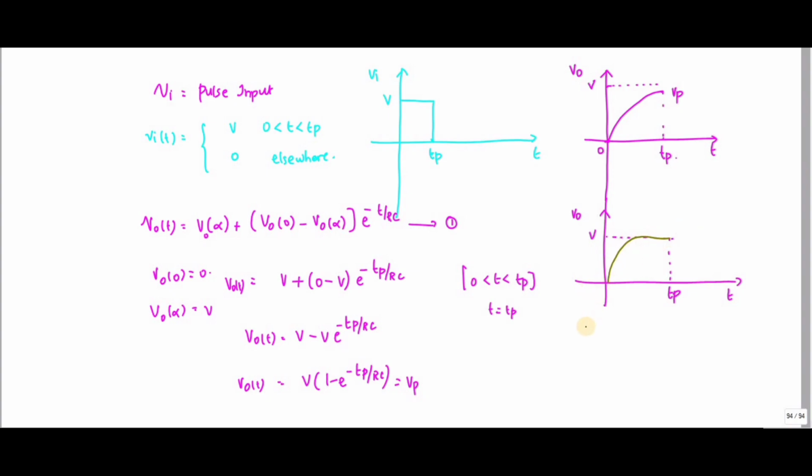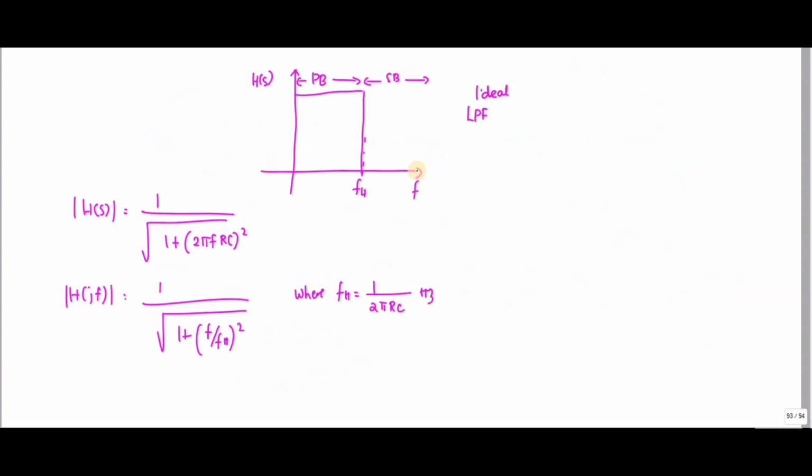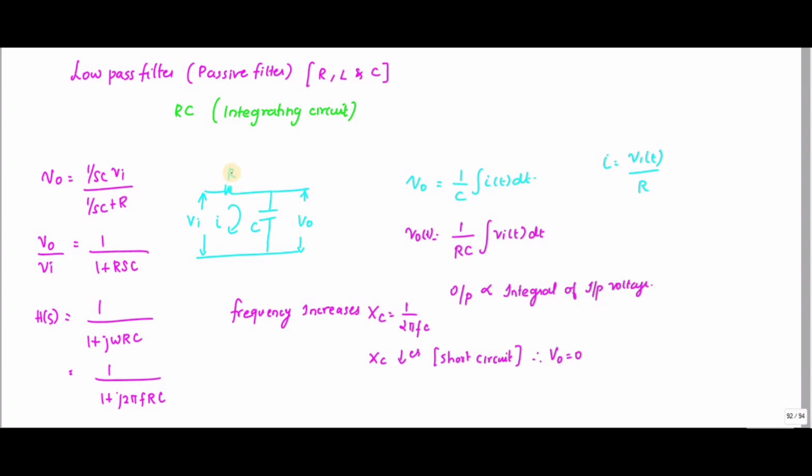This is possible when RC value is less than TP. Here, when RC value is greater than TP. RC is the circuit we are using, right? So RC is nothing but a time constant value. This is measured in terms of seconds.